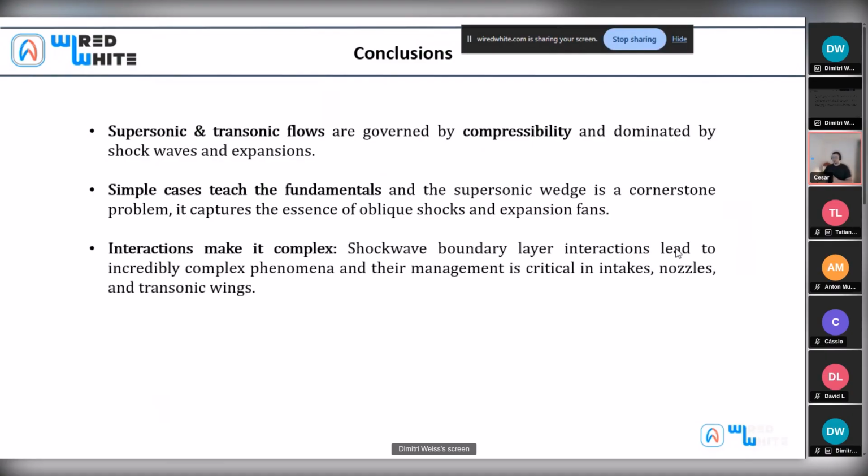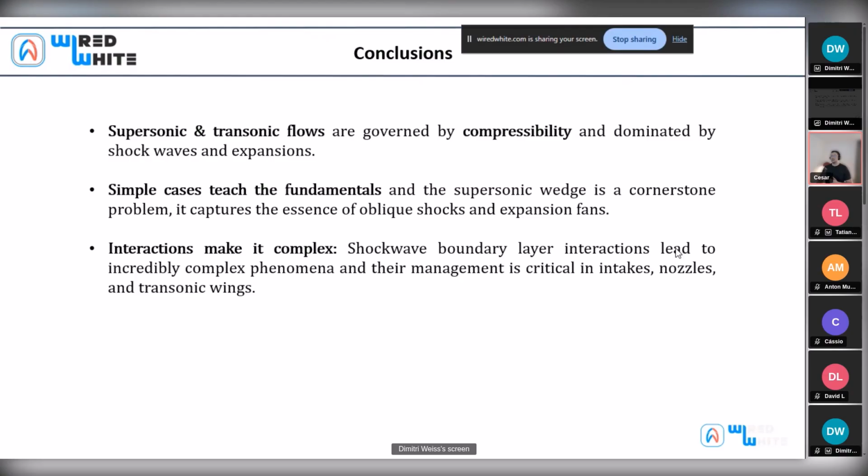Then the next point, interactions make it complex, because we have seen initially how shocks work in inviscid regions. When we add viscosity effects, that can cause far more complex effects that need to be fully understood and carefully studied in order to mitigate the harmful effects of these interactions.